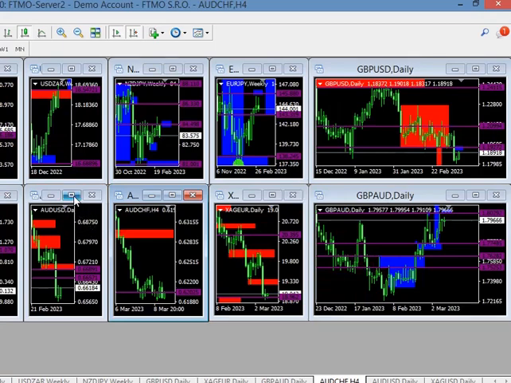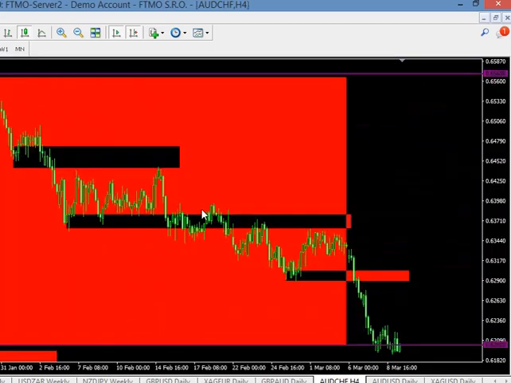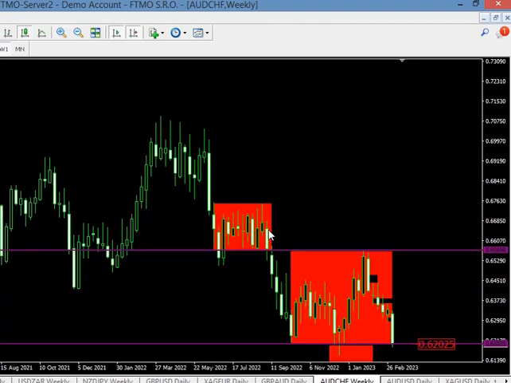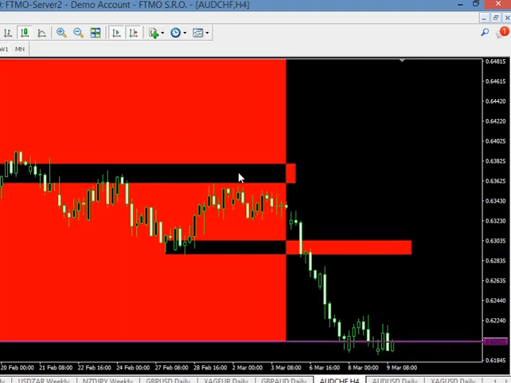In the weekly, should come retest this area. Or it should come and break this area. Should retest this area. Let me zoom in on the 4 hour.